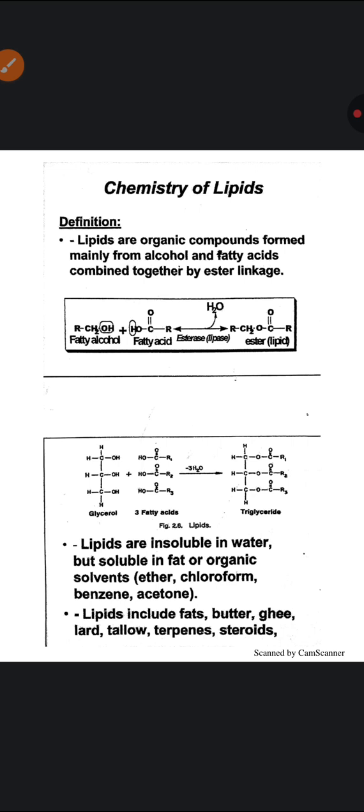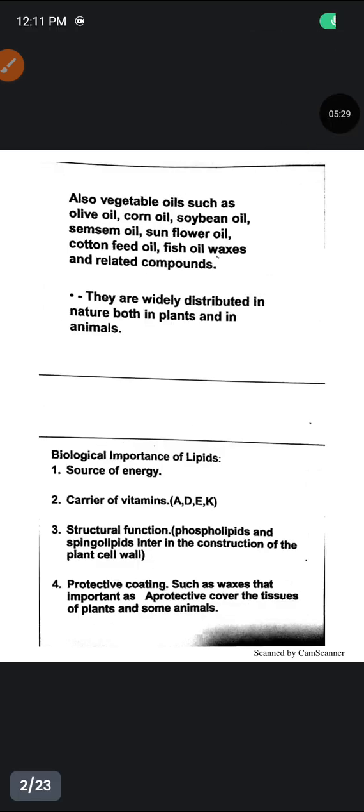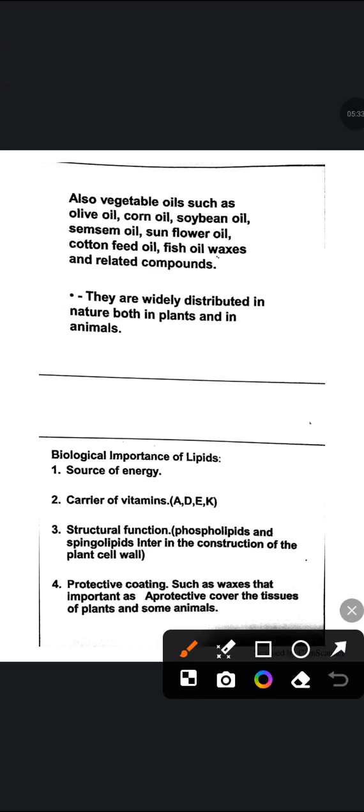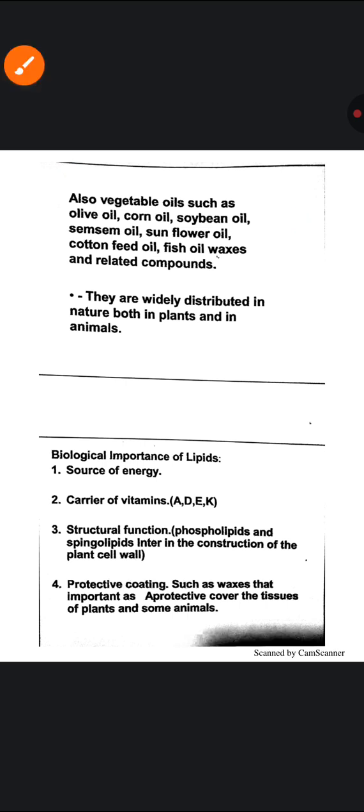These are examples of lipid. Vegetable oils such as olive oil, corn oil, soybean oil, and the rest are also examples. They are widely distributed in nature, both in plants and animals.